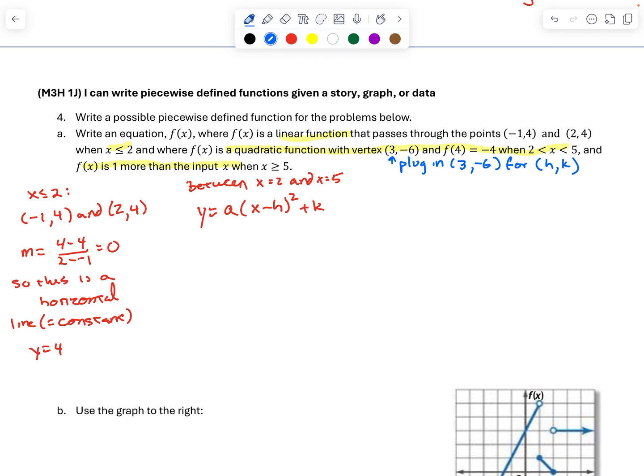If they give you a vertex, they've made it a lot easier for you. And then you plug in the other point to find A. Okay, so let's see. Negative 4 is the y-coordinate. Okay, add 6.